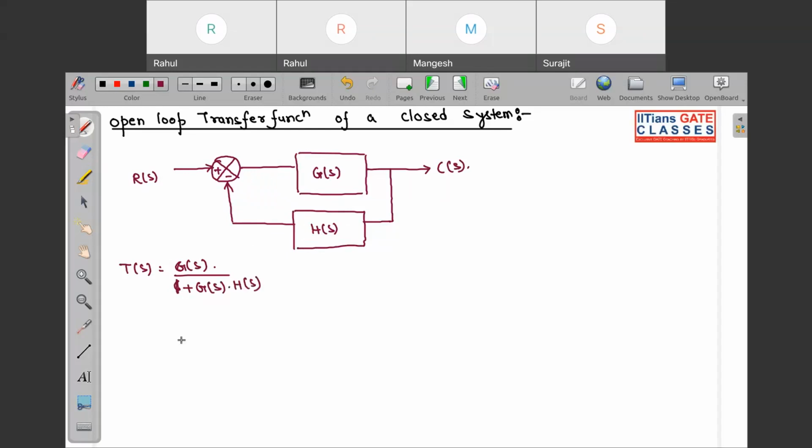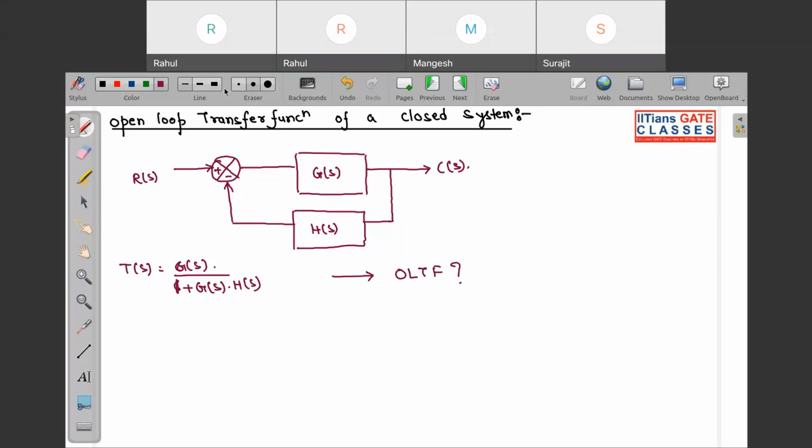This was your closed loop transfer function. Now if I ask you for the open loop transfer function, what are you going to say? So the open loop transfer function will be GHs. Yes, very good.